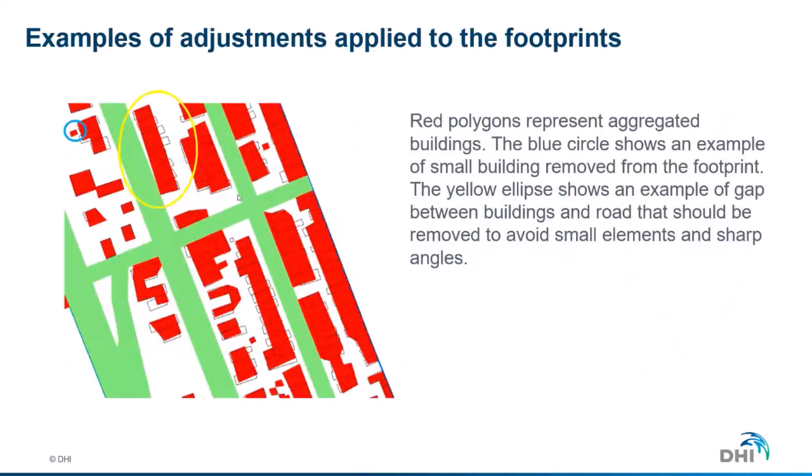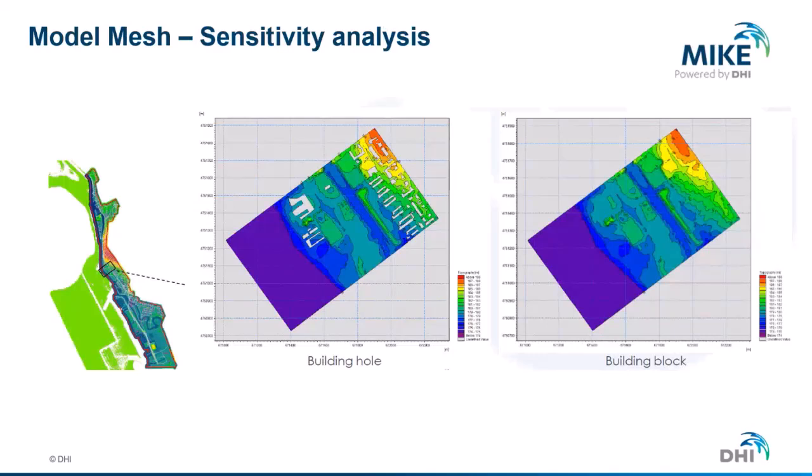For example, on the next slide, we have some information that we get from the database, the roads in green and the buildings aggregate represented in red, and some parts of the buildings are not attached. We need to attach them to the roads to avoid small elements and sharp angles when we start building the mesh.